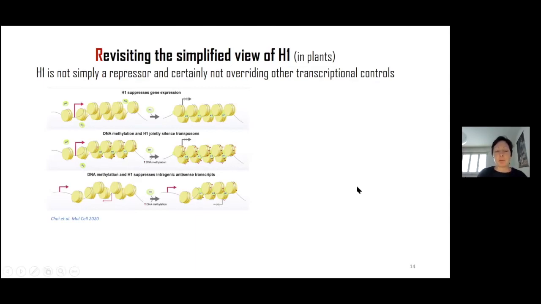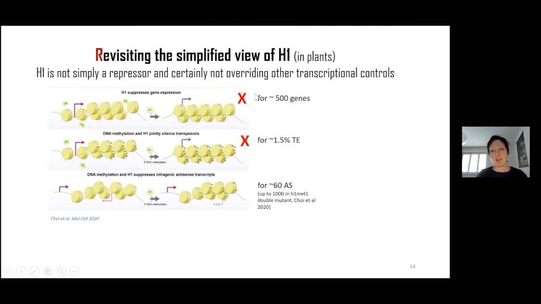But it's not true. So I would actually like to challenge a model which has been proposed in 2020 based on very good findings, but this model I think is oversimplifying the reality and it's not doing any good in understanding what is the real role of H1. What is proposed in this model is that H1 is a suppressor of gene expression.